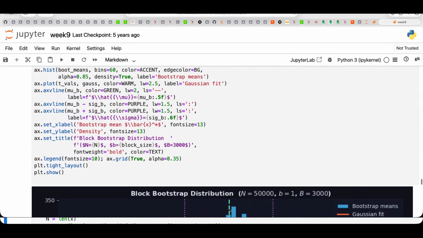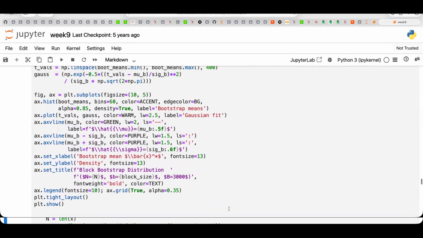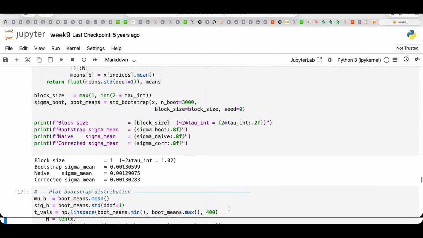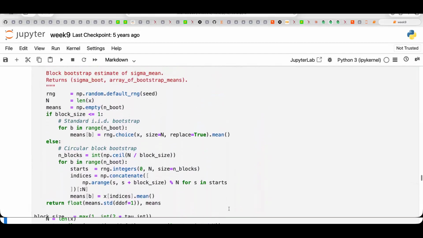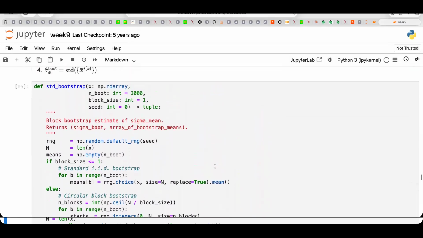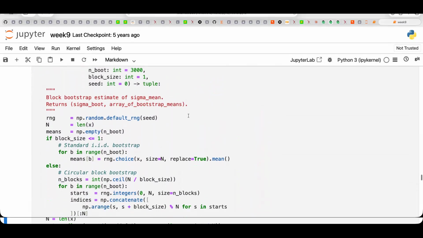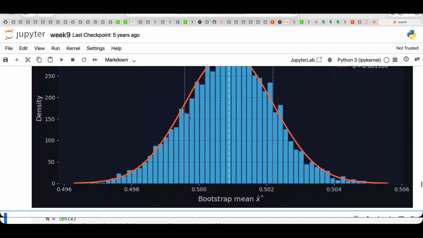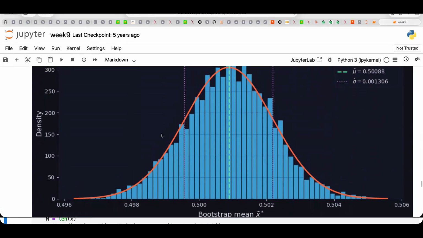I have to remind myself how many bootstrap experiments we ran. I did 3,000 bootstrap experiments. So what it does is converge towards the central limit distribution result.